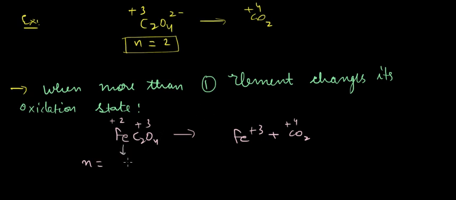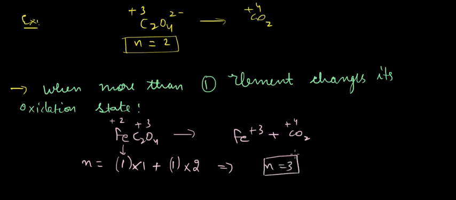For Fe it is going from +2 to +3, so the number of moles of electrons going away from Fe is 1, and the number of moles of Fe in the compound is also 1, so multiplied with 1, plus the number of electrons lost by carbon atom in the reaction is 1, and the number of moles of carbon atom present in the compound is 2, hence the n factor is 3.